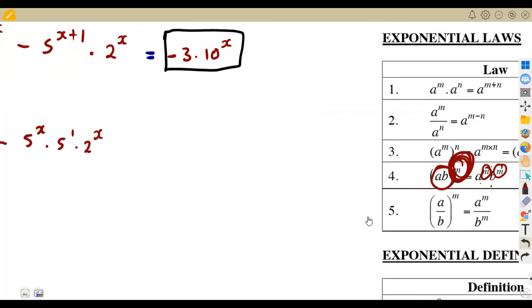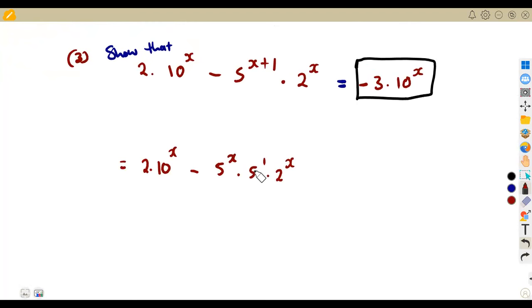And this is exactly what we are having here. The 5 and the 2 here, both are raised to the same exponent of x. So it means I can rewrite these two numbers as 2 times 10 to the exponent of x minus 5 times 2, everything to the exponent of x, which is the common exponent between these two.